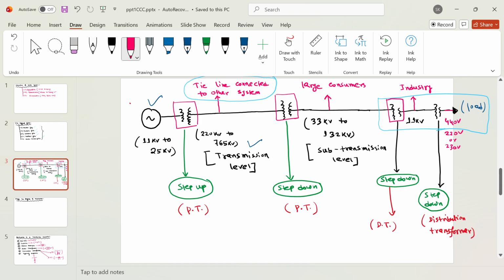So there can be another substation for AC to DC and DC to AC conversions. We can say there are substations for rectification, substations for inversion, and several substations to improve the power factor. And there can be other substations to change the frequencies.